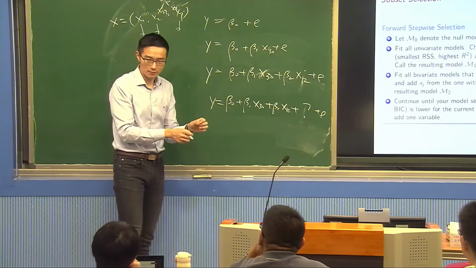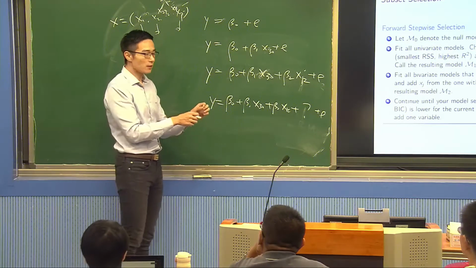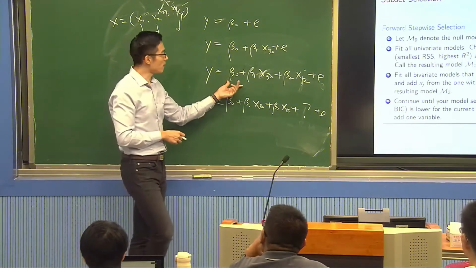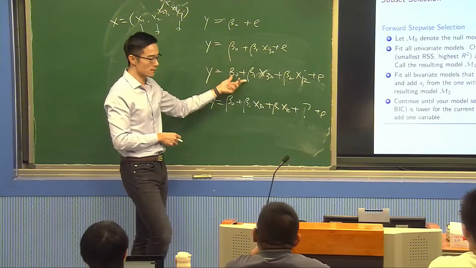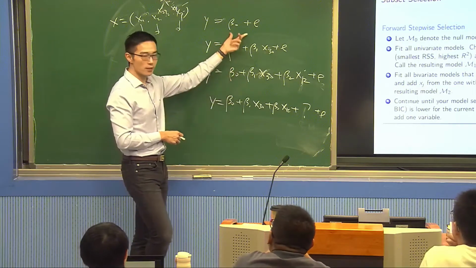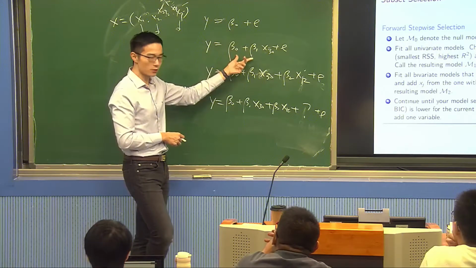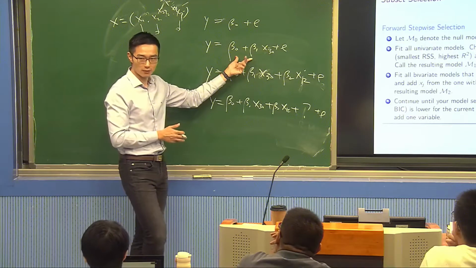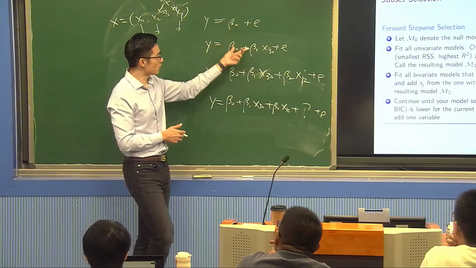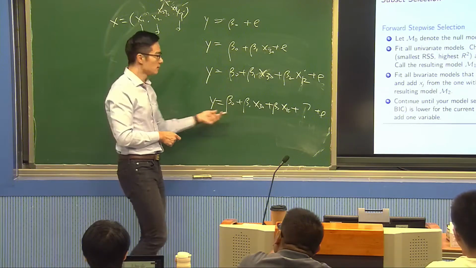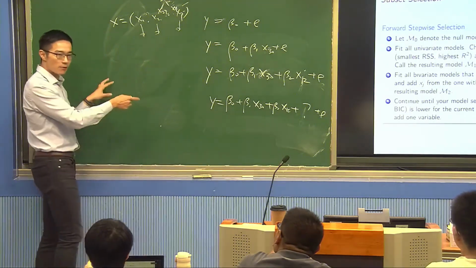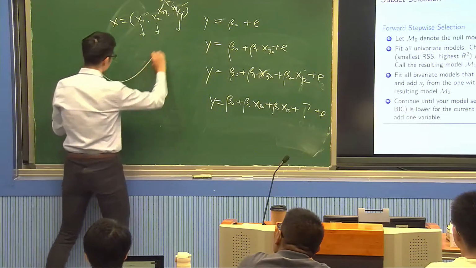Remember, in forward stepwise, from one step to the second and third step, we are increasing the complexity of the model. The model becomes more and more complex. So when should I stop? Well, remember the out-of-sample error typically has this U-shaped curve.